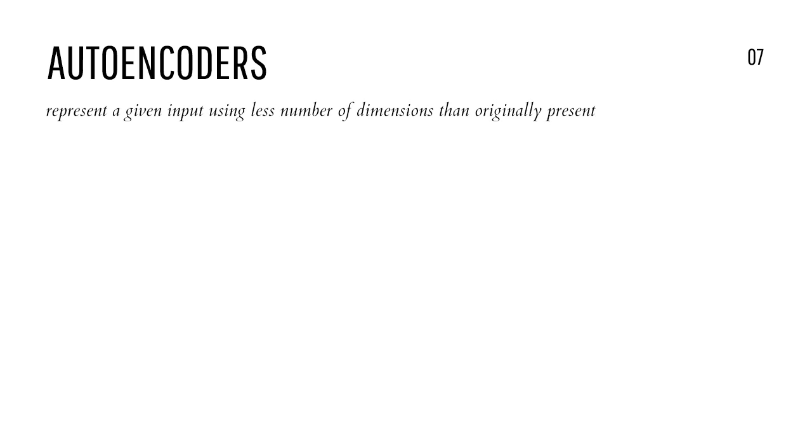Let's move to the seventh and our last net to be reviewed, the autoencoders. This is a neural network designed for unsupervised learning. Like I said before, when the data is not labeled, as a data compression model, it will represent a given input using fewer dimensions than originally present.